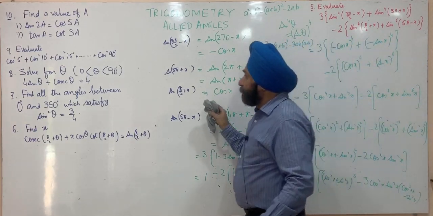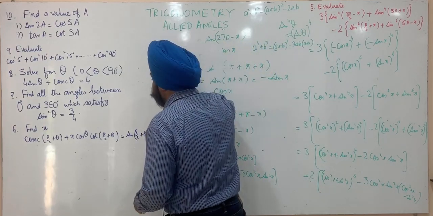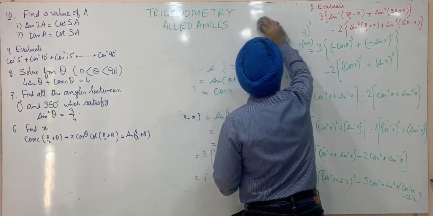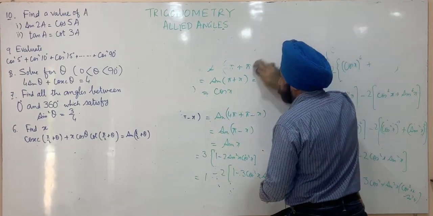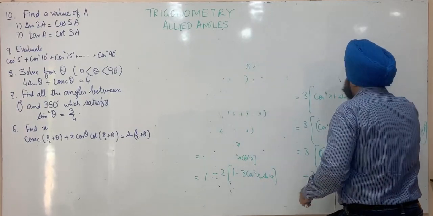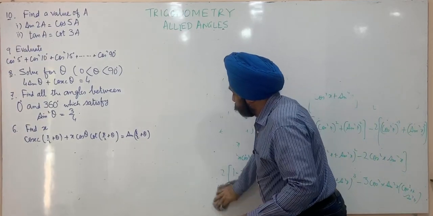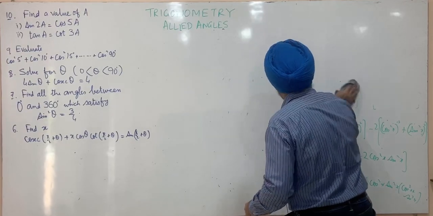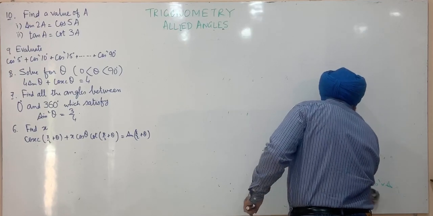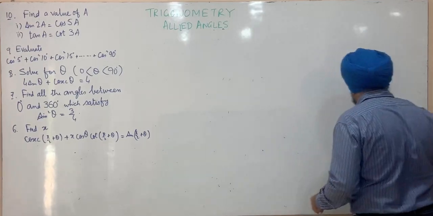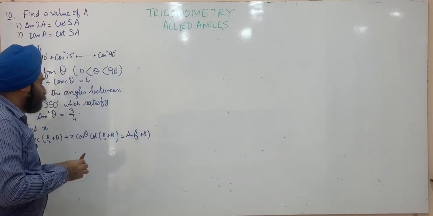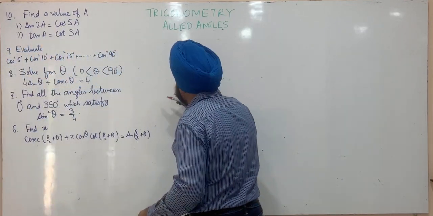In the next one, we have to find the value of x for the given trigonometric equation. Using the right angle formulas, we'll simplify the expression and then find the value of x.